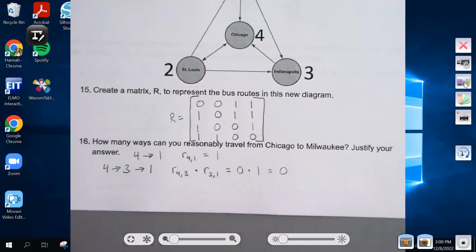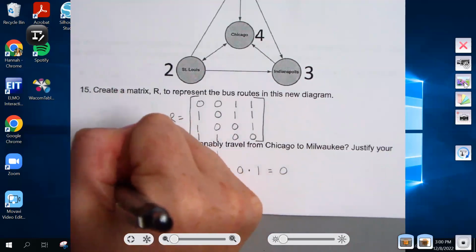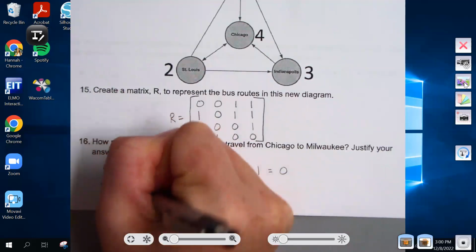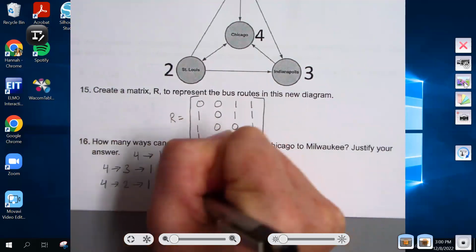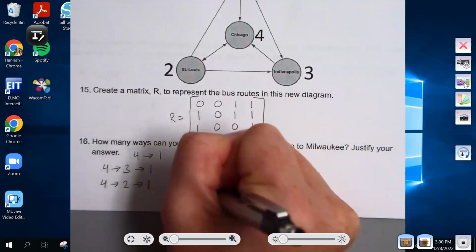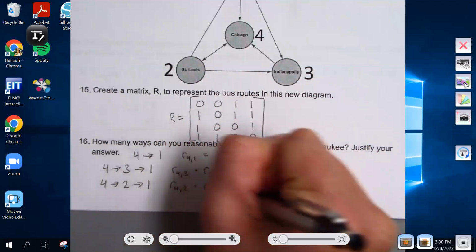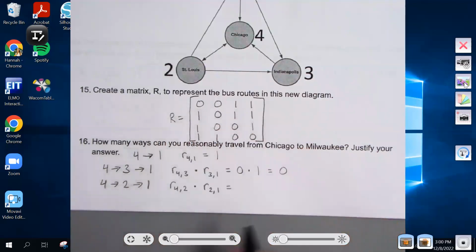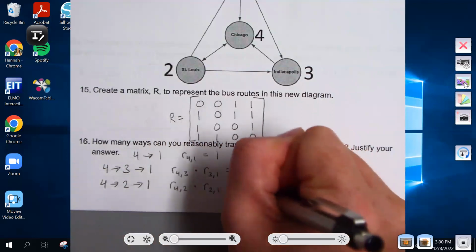Okay, my next one would be 4 to 2 to 1. So if you're going to use the matrix, that would be R42 times R21, which is 1 times 1, which is 1.